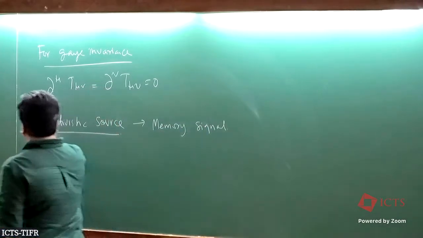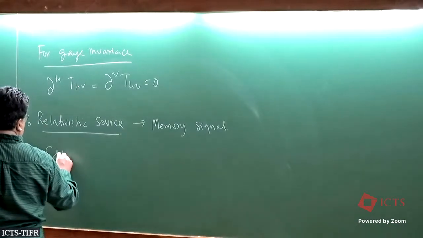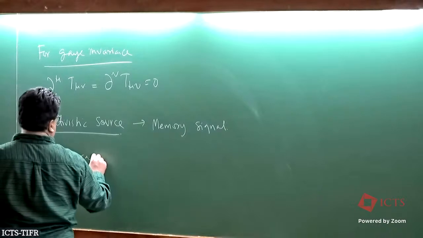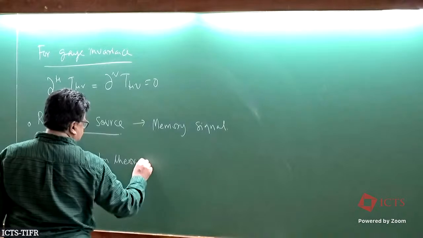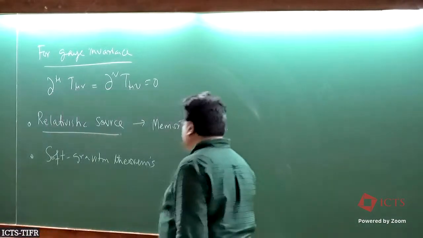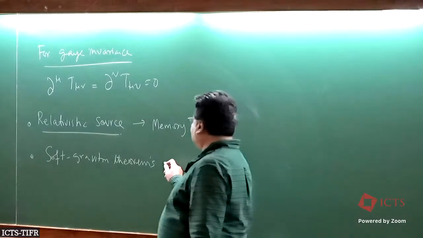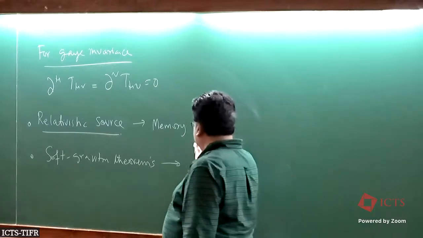And then I'll also do this soft graviton theorems. It's a big name, but it's a simple relation, or soft graviton amplitudes. And from this, I'll extract a signal for this graviton, which will again be the same memory signal.